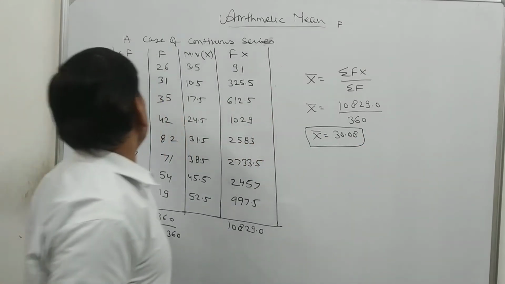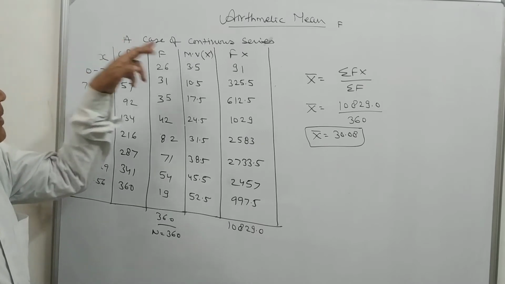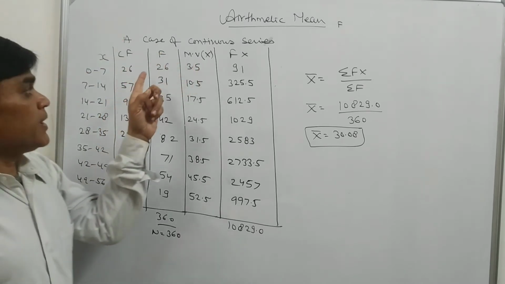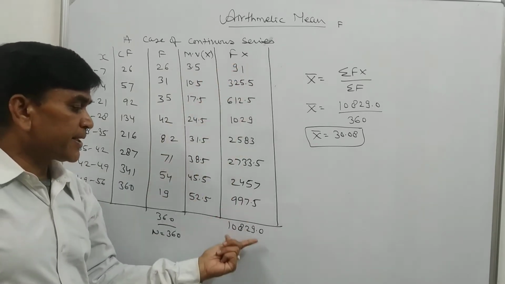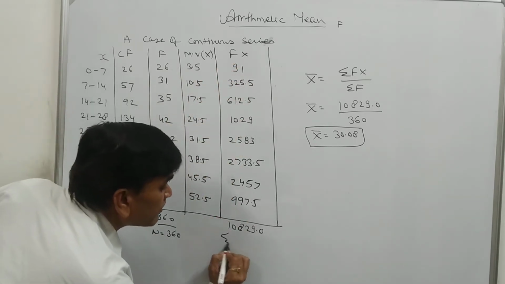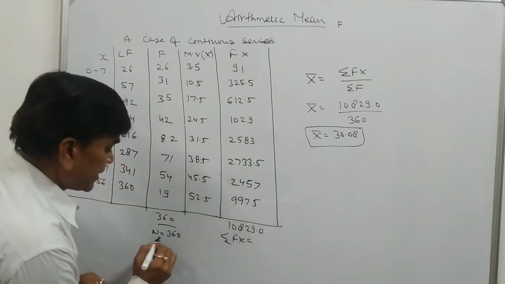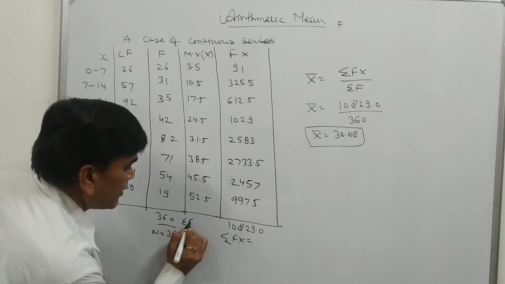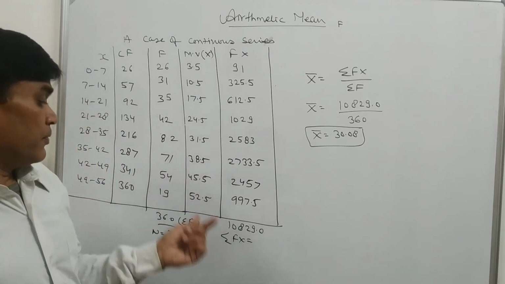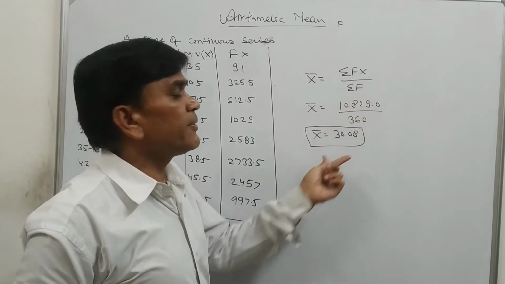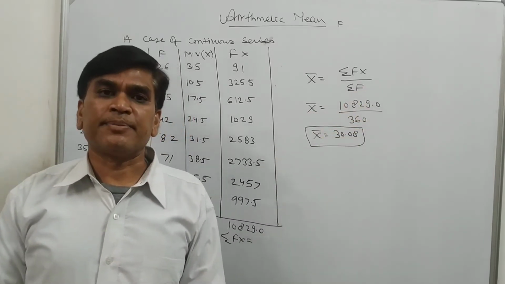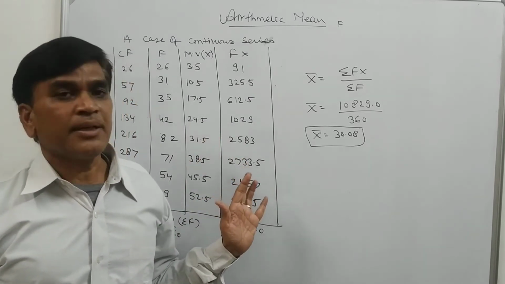It's very simple. Firstly, we will get the mid value. Then we will multiply mid value with the frequency and get the total of fx. This is sigma fx and this is sigma f. So we will divide sigma fx by sigma f and we will get the value of arithmetic mean. It's quite simple.